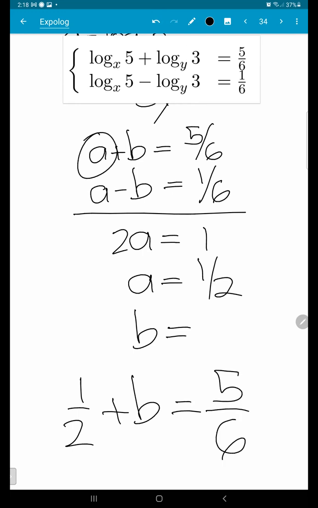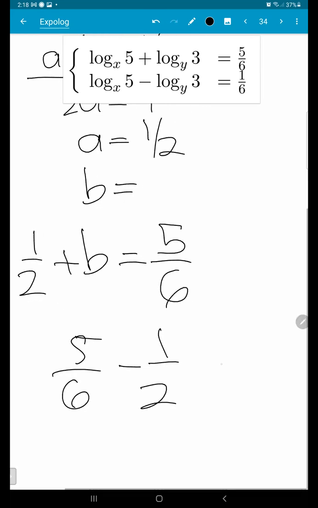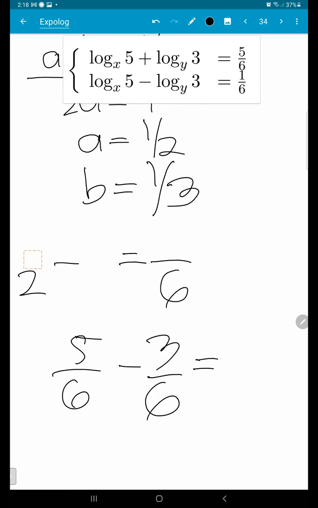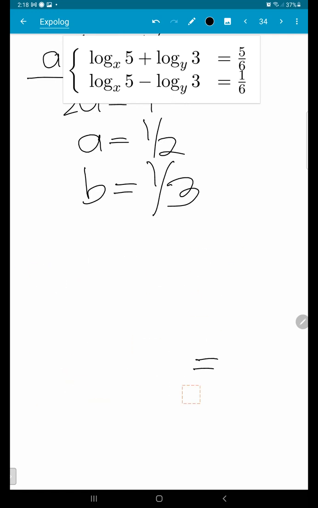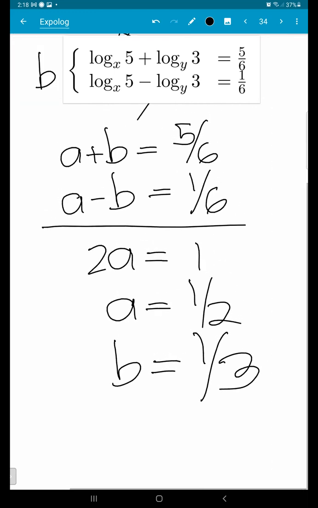So B is 5/6 minus 1/2. And that is 1/3. So in other words, you solve the system, you get those values for A and B. So I assume you know how to do a system of linear equations.